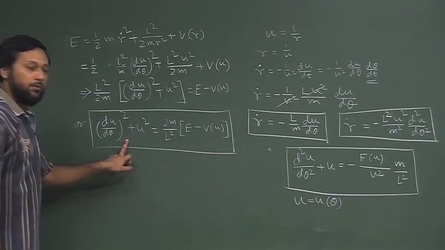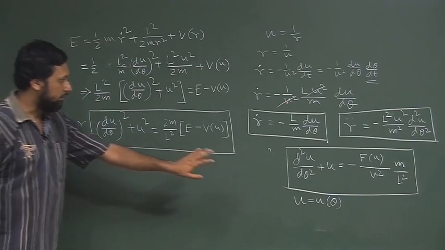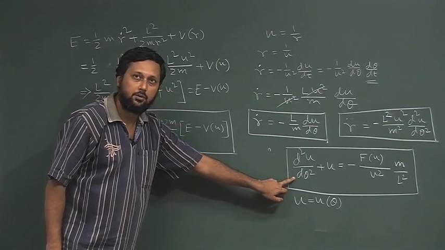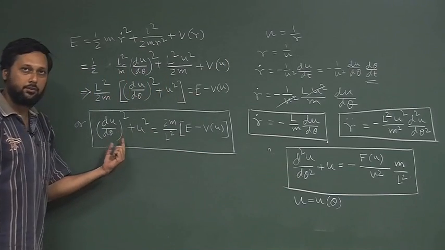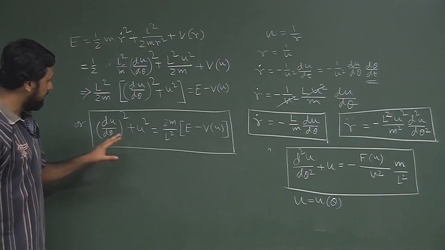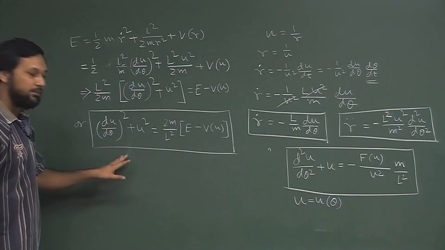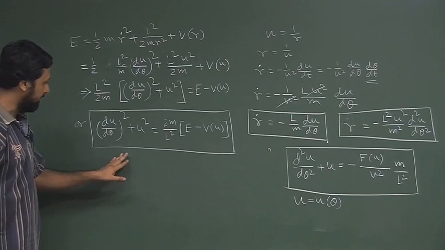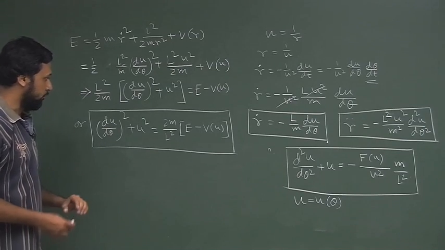So, this is another equation: the earlier one was a second order homogeneous differential equation, this is a first order inhomogeneous differential equation, because we have a du d theta whole square. But this is also useful for certain cases, we will see that soon.